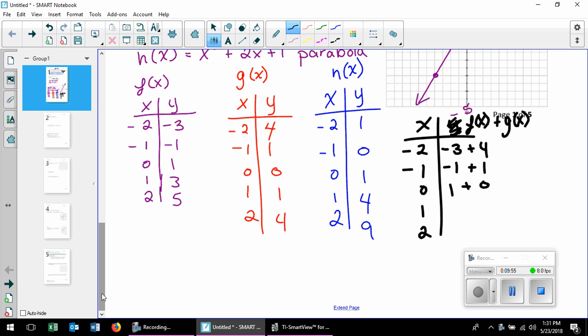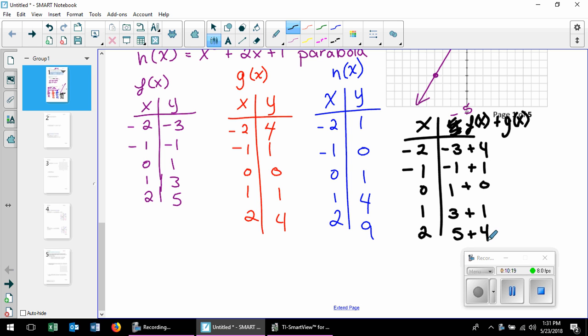And then I have 3 plus 1. I get 4. And then I have 5 plus 4. I get the 9. So if you're not given the equation, if they have the same x's, you can simply add their y's to get your h of x function.